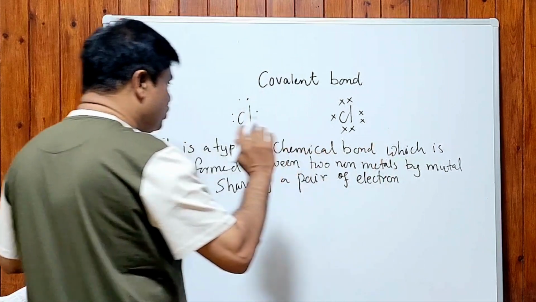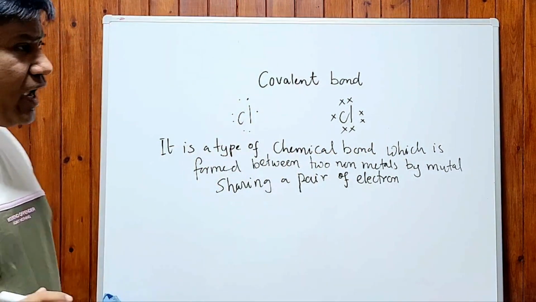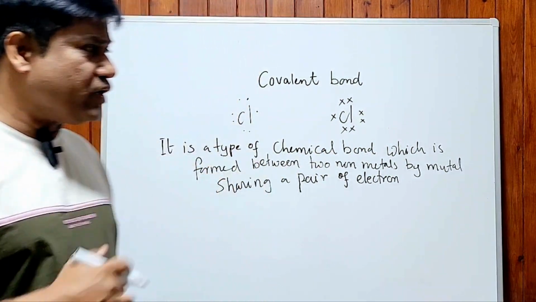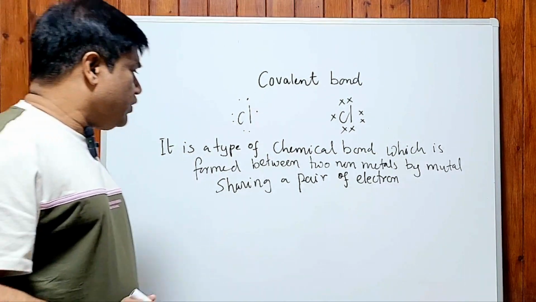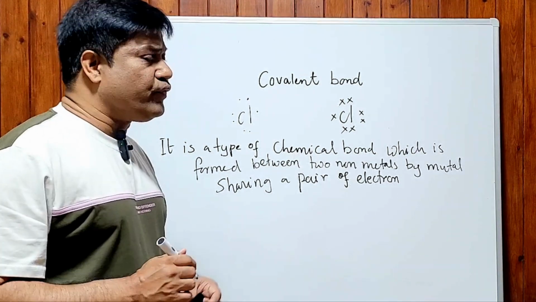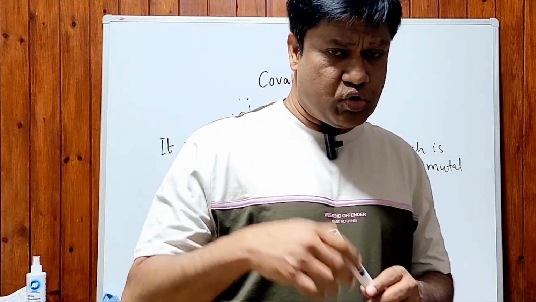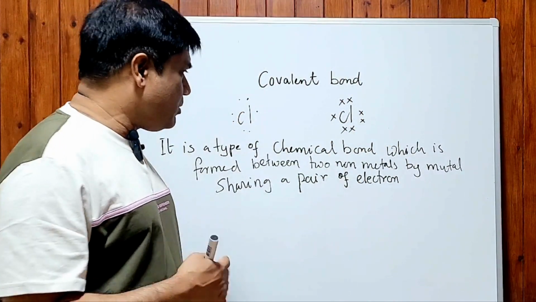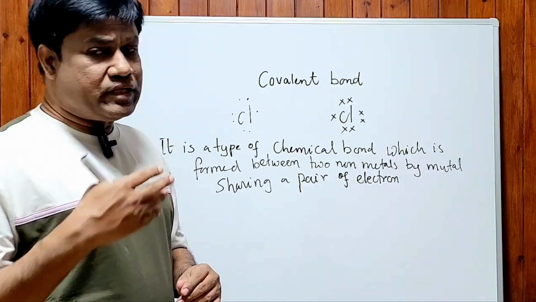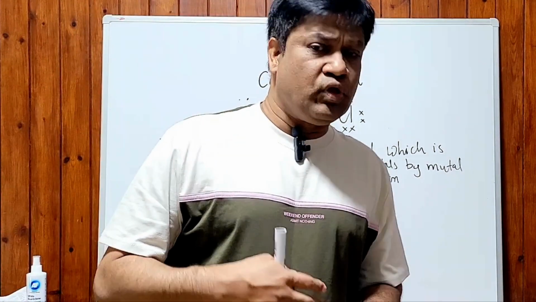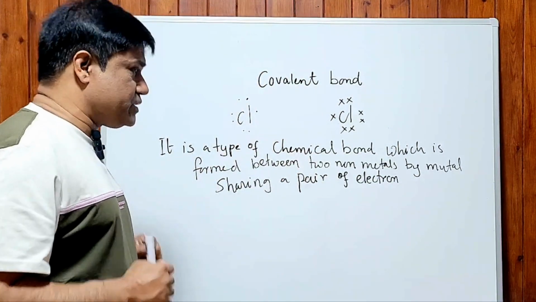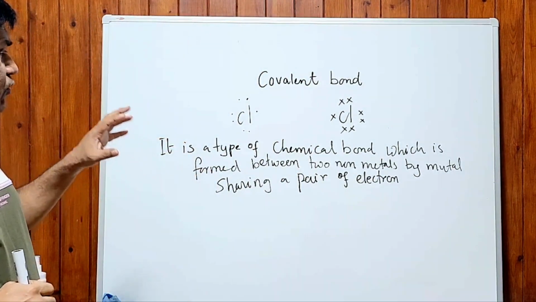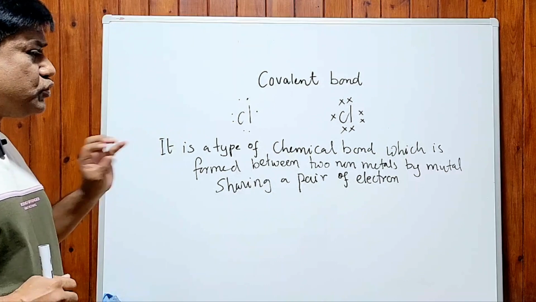So we come to know that they can gain a pair of electrons or they can share a pair of electrons. What's the purpose of gaining or sharing a pair of electrons? Simply to get extra stability, or the electronic configuration of noble gases, which we call the octet rule.